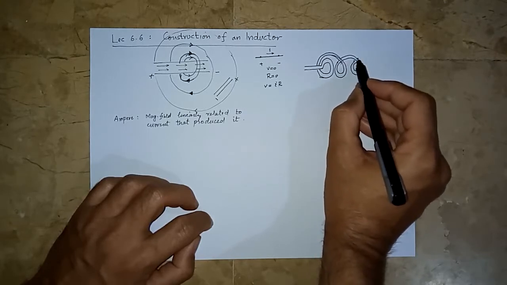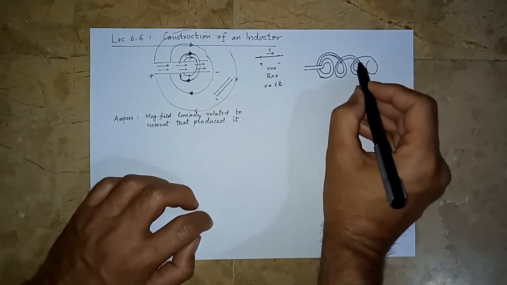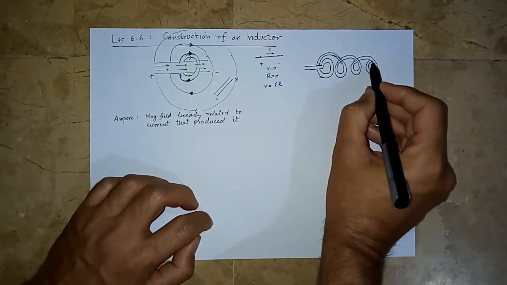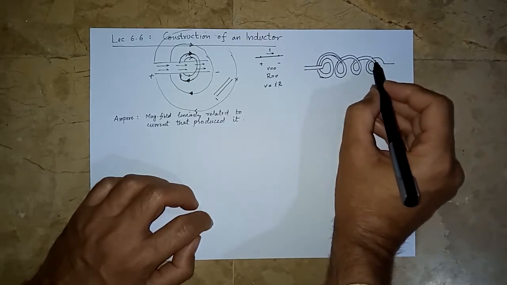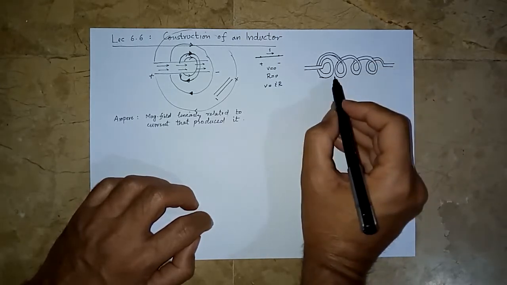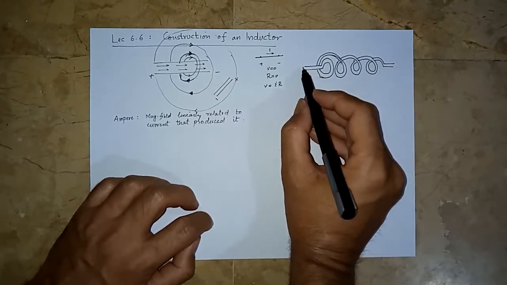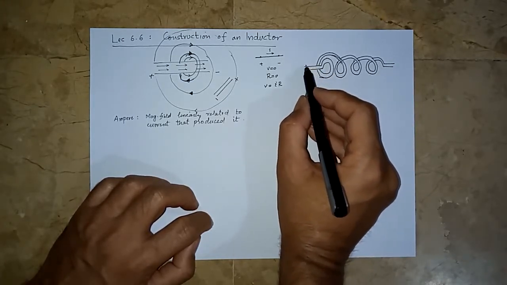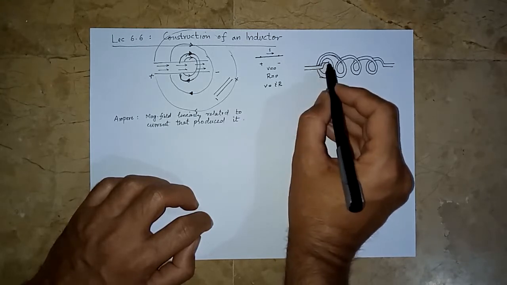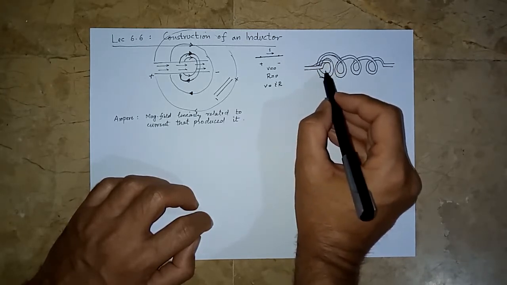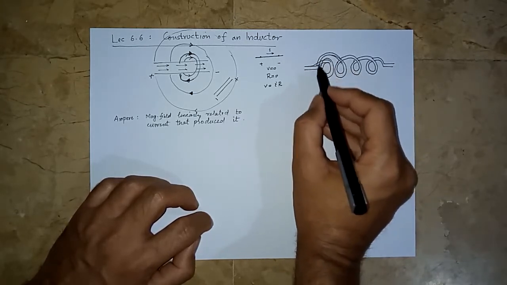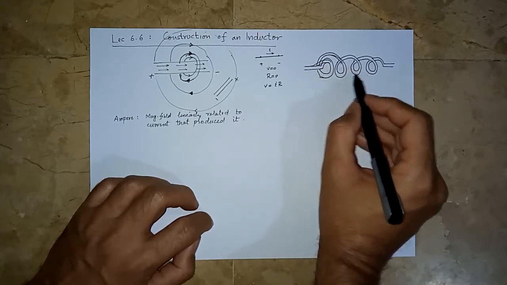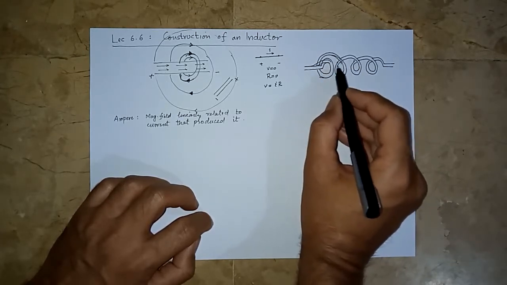But I hope you can have a sense of what I have tried to make. I should have drawn it a bit like this. So ignore this coil. It is just like this. Let this be a repetition of this.